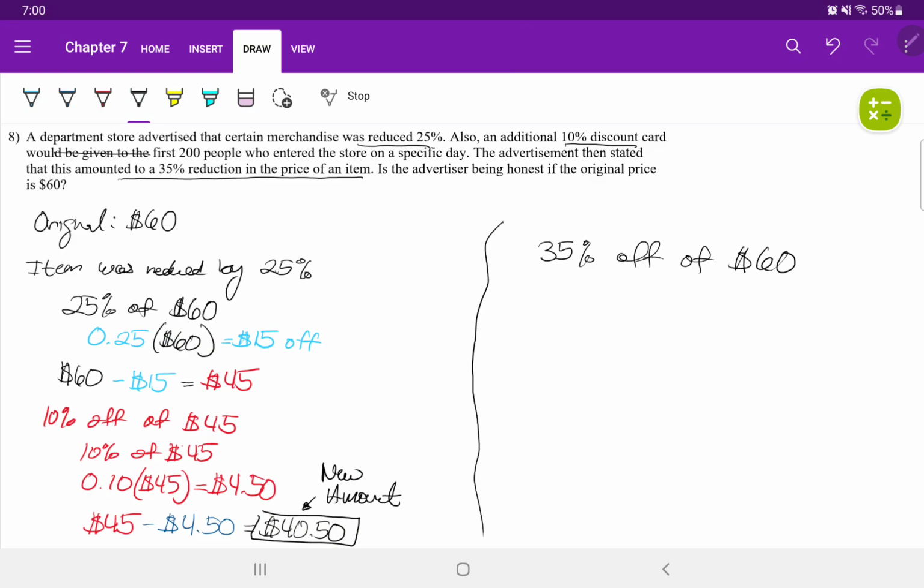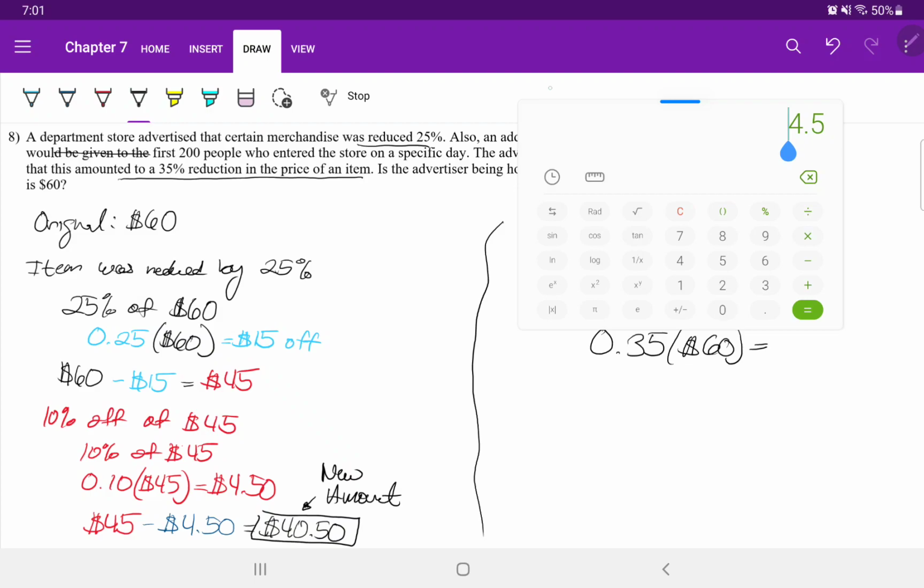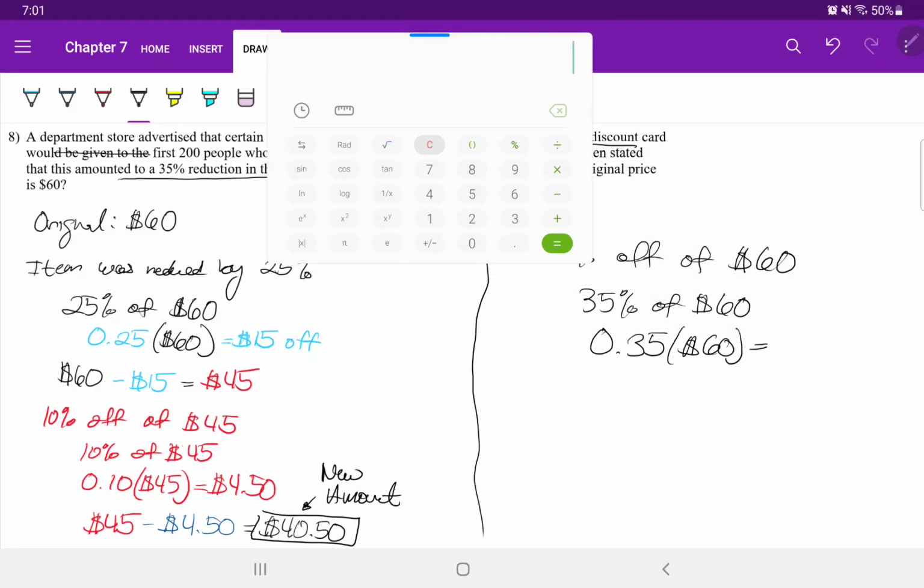So let's find 35% off of $60. Before I can do that, I must first find 35% of $60. 35% as a decimal is 0.35 times $60. Let's do that over here.